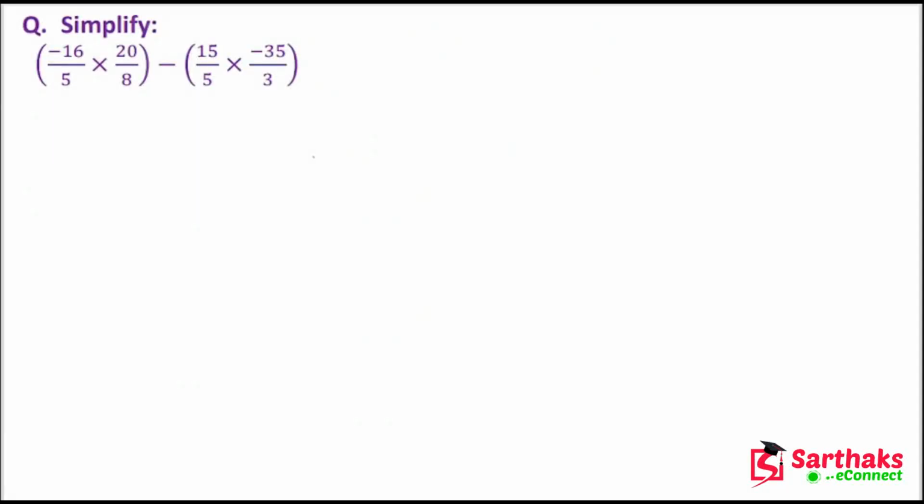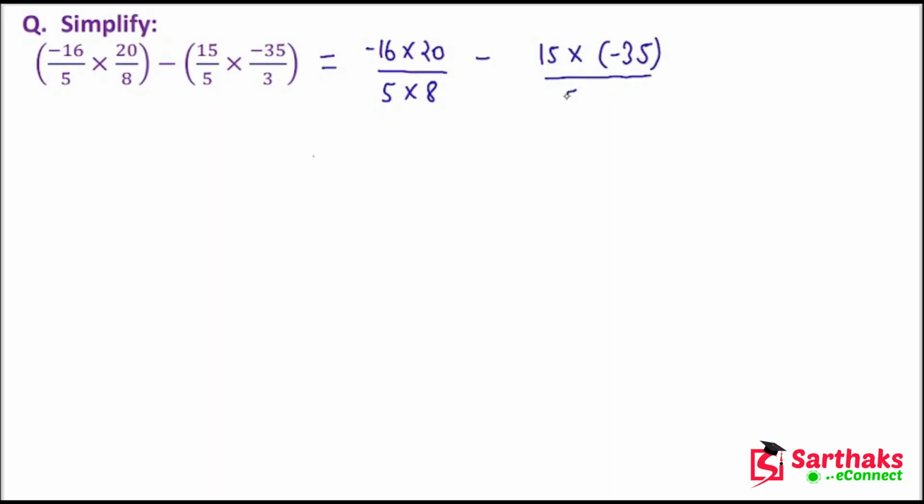The question is, simplify minus 16 upon 5 into 20 upon 18 minus 15 upon 5 into minus 35 by 3. So we will simplify this. First of all, we will multiply these two. So we will get minus 16 into 20 whole upon 5 into 8 minus, here we will get 15 into minus 35 whole upon 5 into 3.